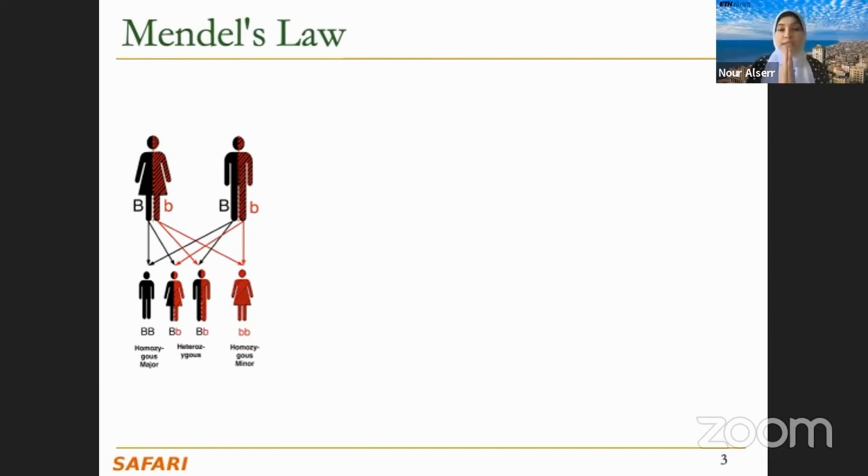For each SNP, an allele can be a major allele, which we represent here by the capital B, or a minor allele, which we represent as the small letter b. Now, if you inherit both major alleles from your father and mother, then we call it homozygous major, at that SNP, that location in your DNA.